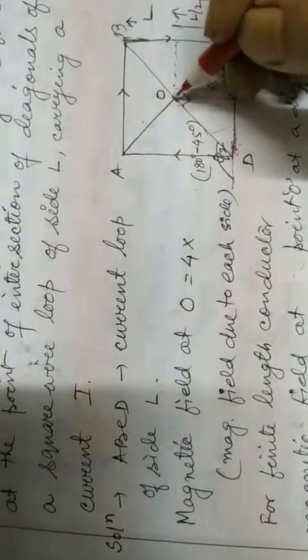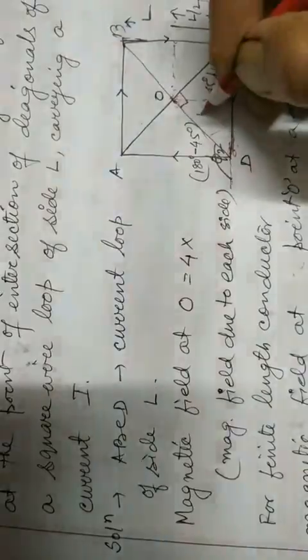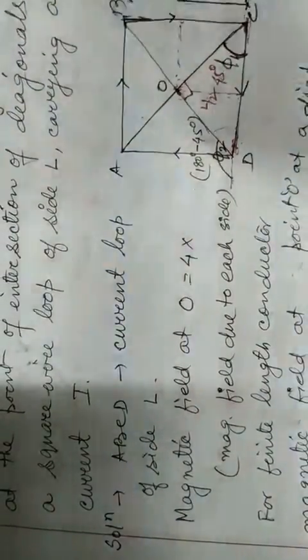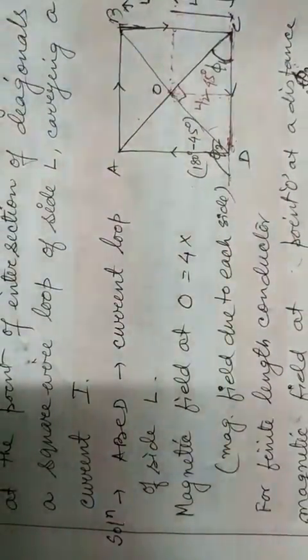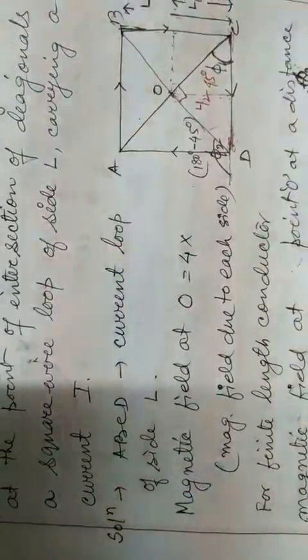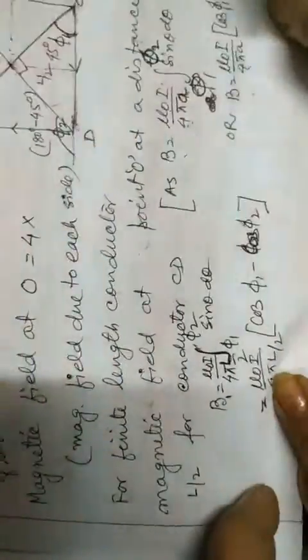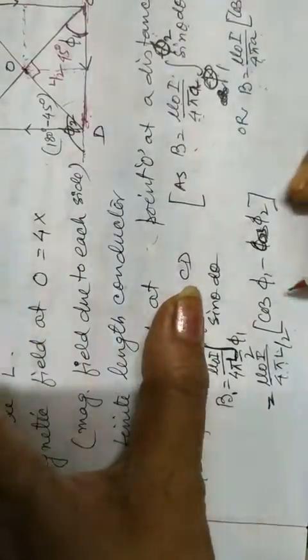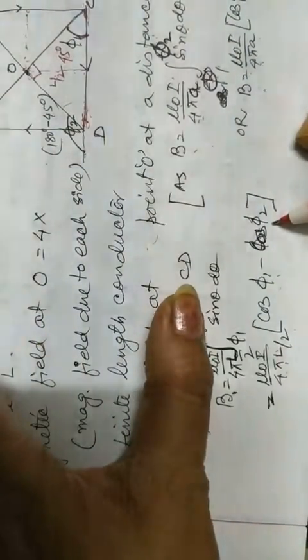So the distance of this conductor CD from O, which is A, is L by 2. Now mu 0 I by 4 pi times L by 2, into (cos phi 1 minus cos phi 2).